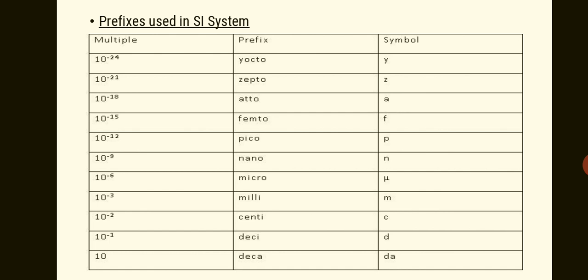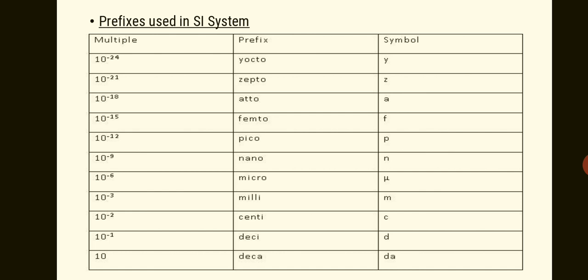Then decimeter. And if 10 raised to power is 1, then we'll call it deca. So these are negative powers of 10 and one positive power, 10 raised to power 1.